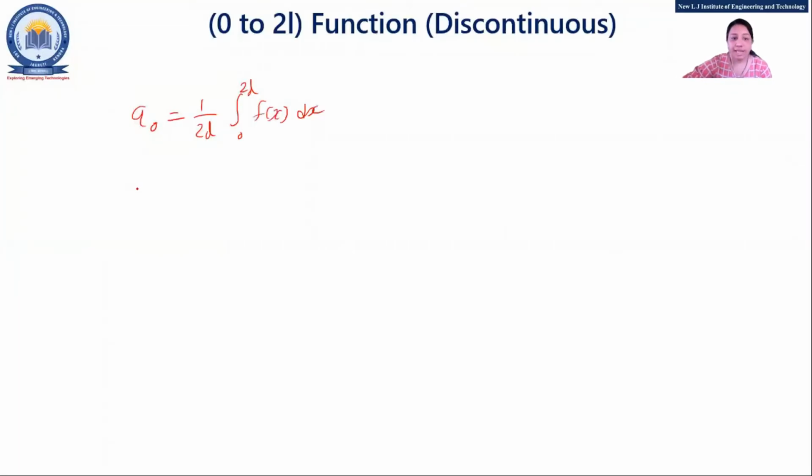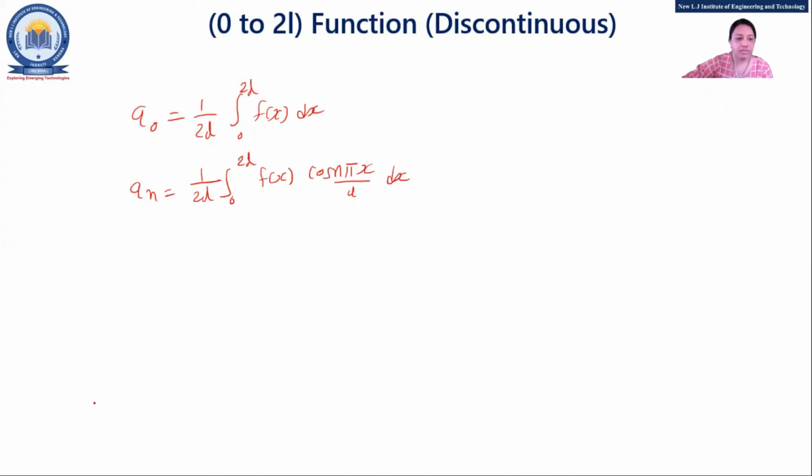an equal to 1 upon 2L integral from 0 to 2L of f(x) with that cos term, so cos n pi x divided by L dx.